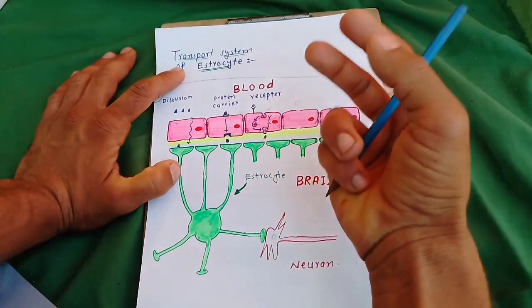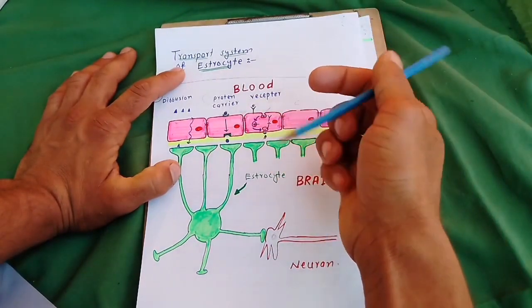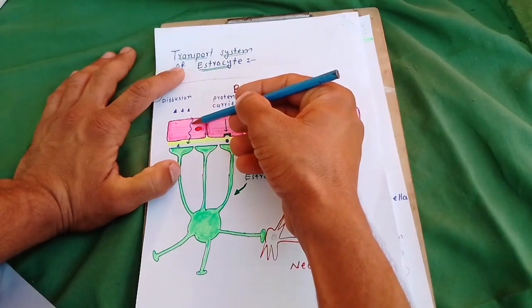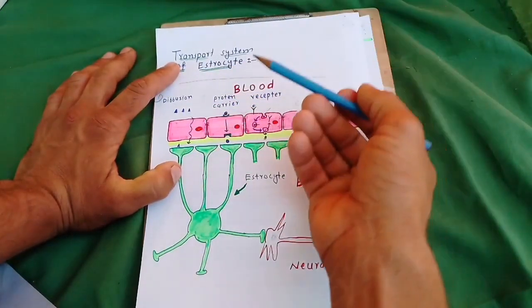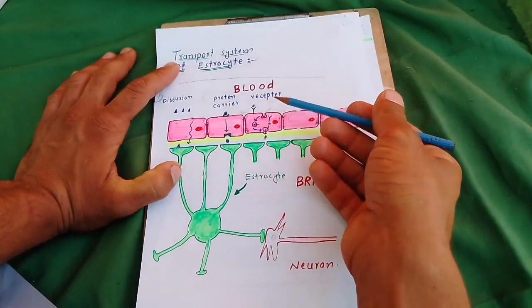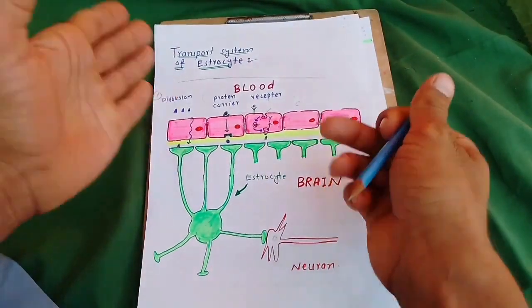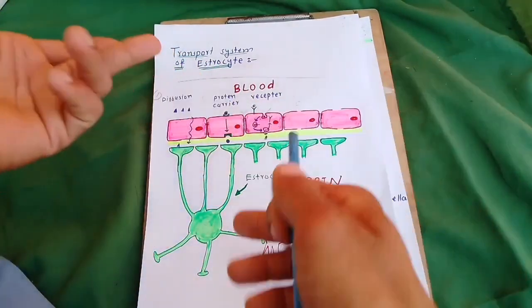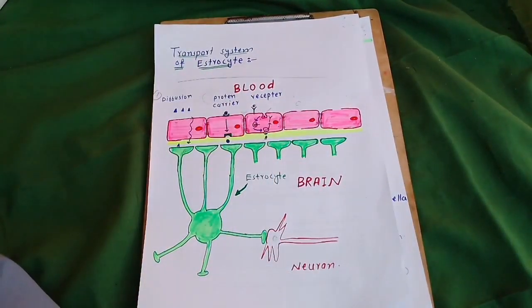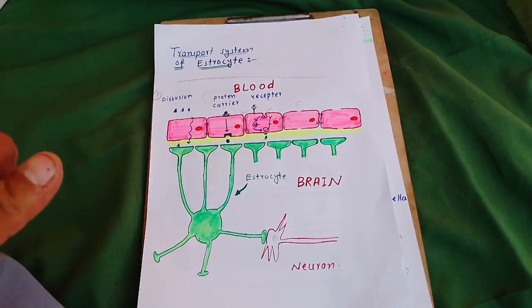The important substances are taken by special mechanisms: some by diffusion, some by protein carrier, some by receptor. For the transport of pathogens there is no mechanism, only for the transport of nutrition. So this is the neuroprotective mechanism.